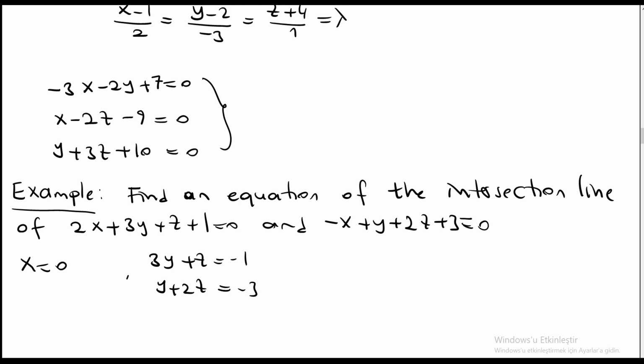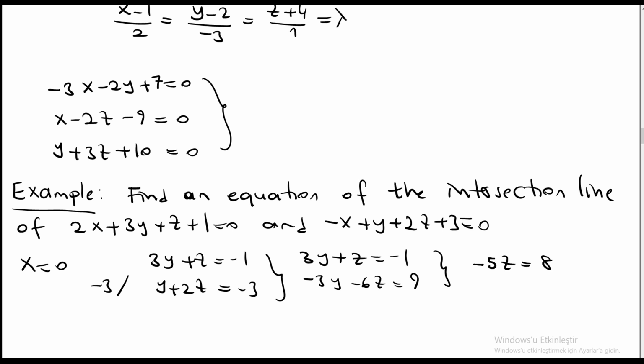If I multiply this one by negative 3, then I have, okay, let me write. So from here z will be 8 over 5.